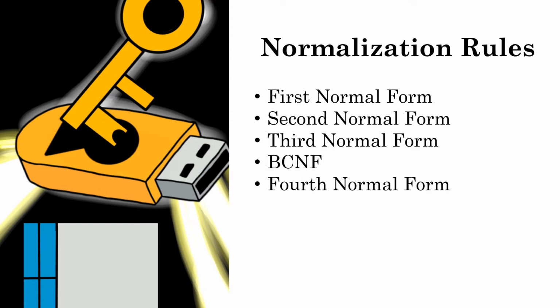These forms have increasingly restrictive requirements, meaning that every relation in BCNF is also in the third normal form. Every relation in the third normal form is also in the second normal form, and every relation in the second normal form is in the first normal form.